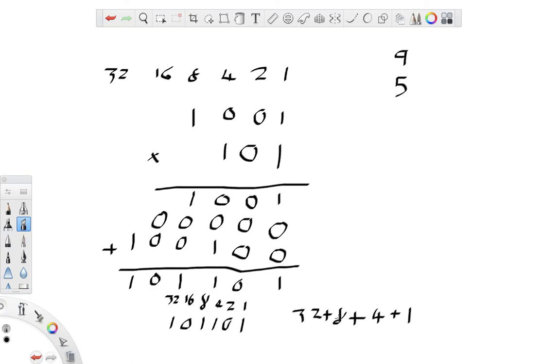So 32 plus 8, well that's 40, plus 4 44, plus 1 is 45. And the numbers that we originally had in base 10 were 9 and 5. 9 times 5, well, that's 45. So we've ended up with the same answer. So that's just an interesting little run through of binary multiplication.